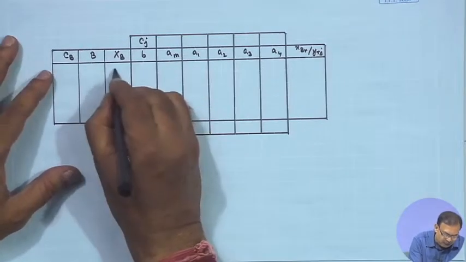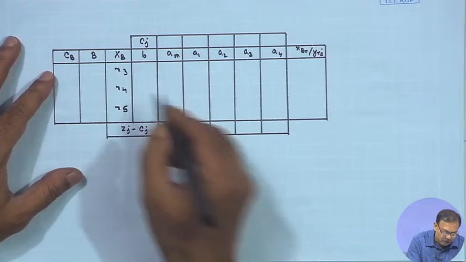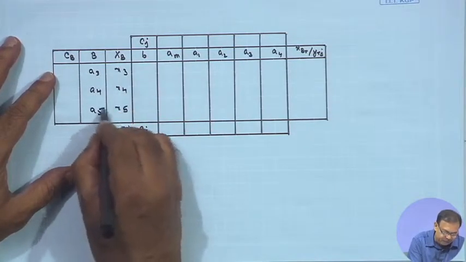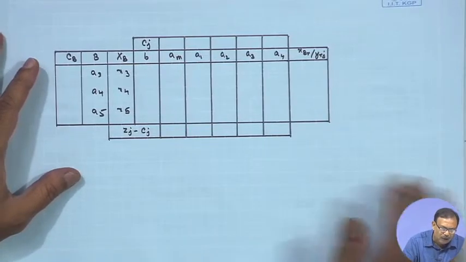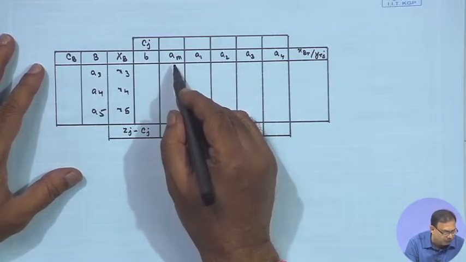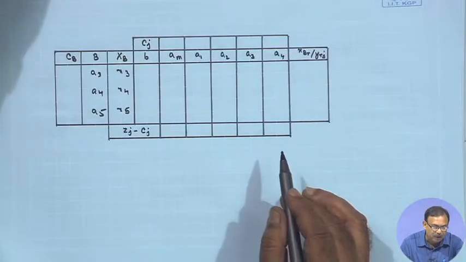I will have x3, x4 and x5, so here it is a3, a4 and a5. The value aM corresponds to this xM that I have written first.